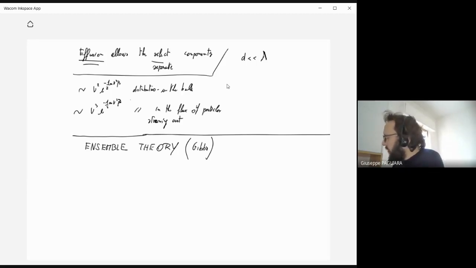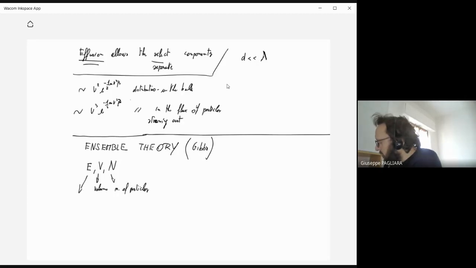And so we basically have three quantities at the beginning: volume, number of particles, and E, the total energy. Now the total energy is a quantity that you will see just at the beginning, in what is called the microcanonical ensemble, and that will be substituted by the internal energy.